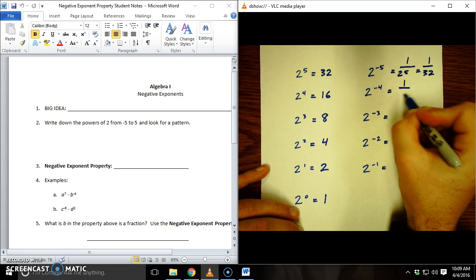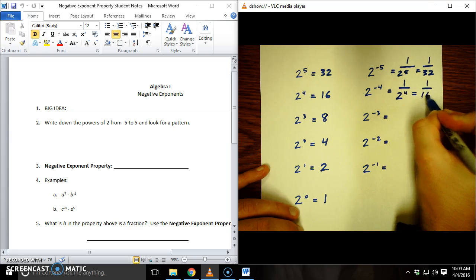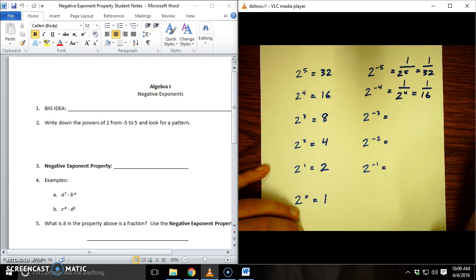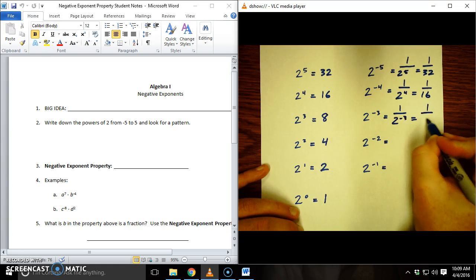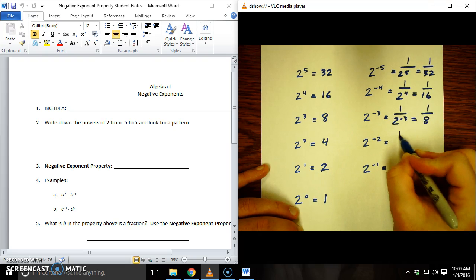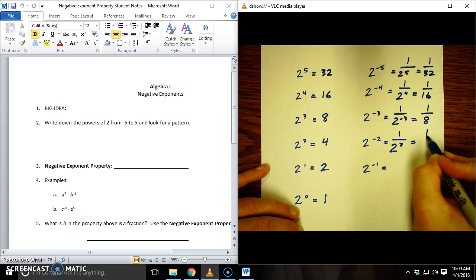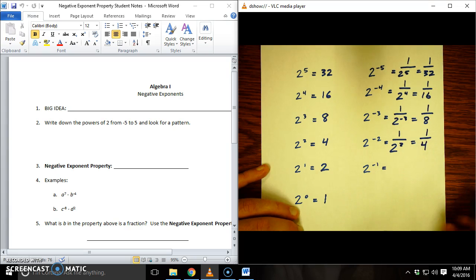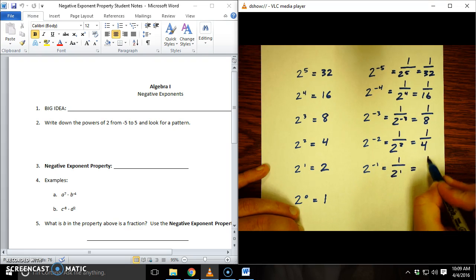And that pattern is going to continue. If I continue this, 2 to the negative 4th is actually 1 over 16. 2 to the negative 3rd, so 1 over 8. 2 to the negative 2nd, so 1/4, and you can check that on your calculator. 2 to the negative 1 is 1/2.